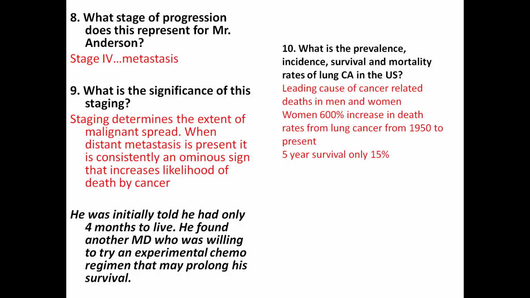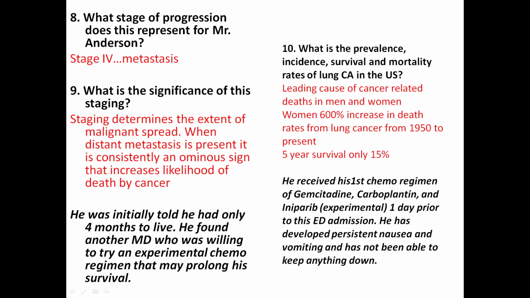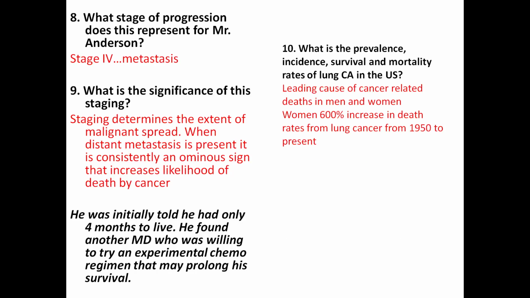The 5-year survival rate is only 15% in lung cancer, and in the United States 20 years ago 203,000 people were diagnosed with lung cancer, and 158,000 died from it. So approximately 3/4 of the individuals die from it.